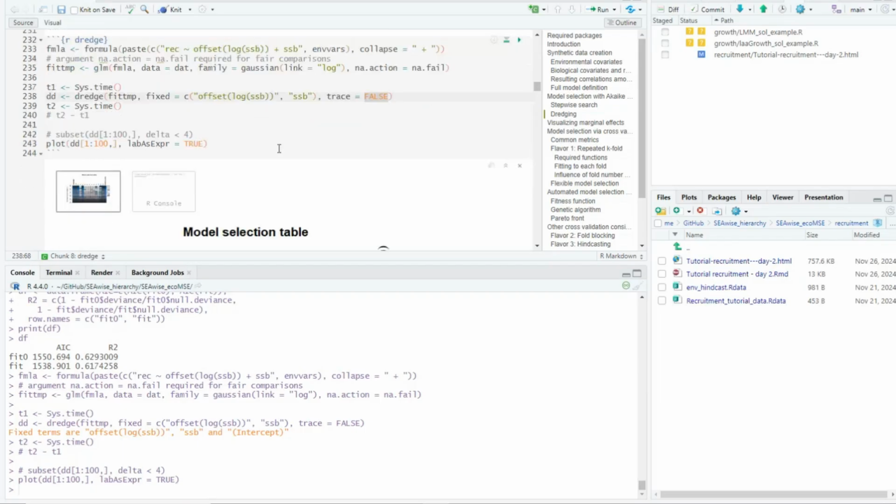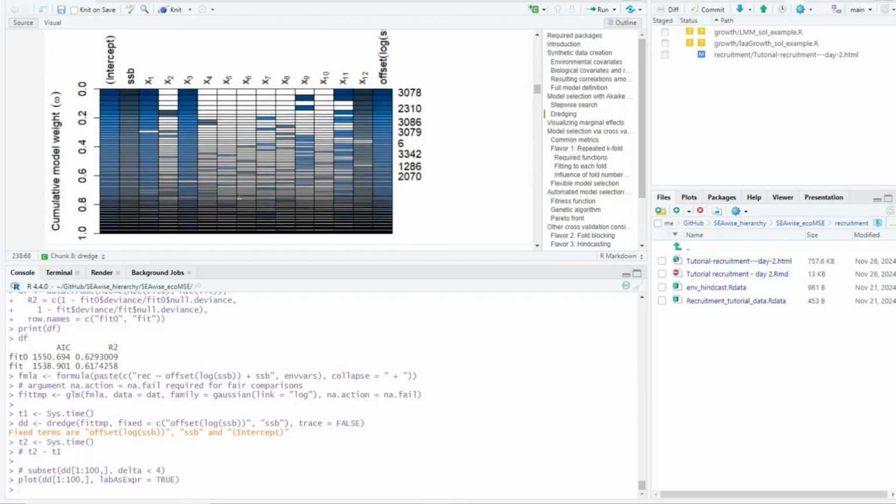I discovered that there's this plot in addition to the summary table that Molly showed you that shows you which covariates are in the different models. So the best model, the lowest AIC, is this top row, and it includes the intercept, SSB, as do all of them. It also includes X1, X3.